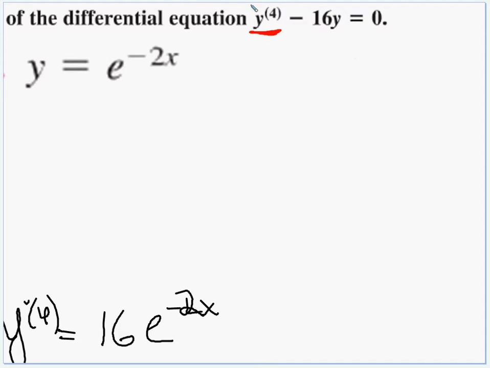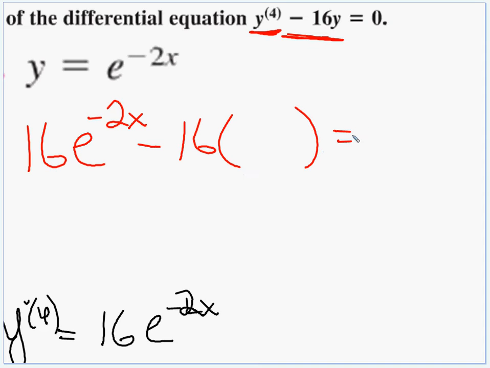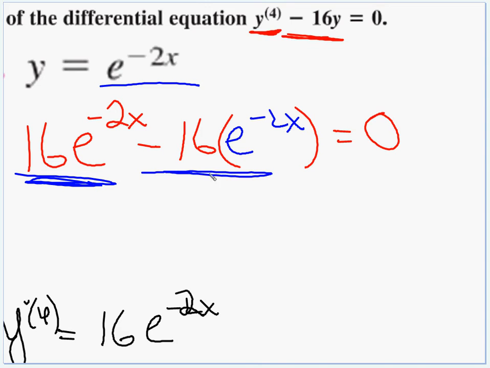The fourth derivative of y, that is 16 e to the negative 2x, minus 16 times y. And our original y function is e to the negative 2x. Does this equal 0? Yeah, we got 16 of these minus 16 of the same things. That will equal 0. Check. That worked.